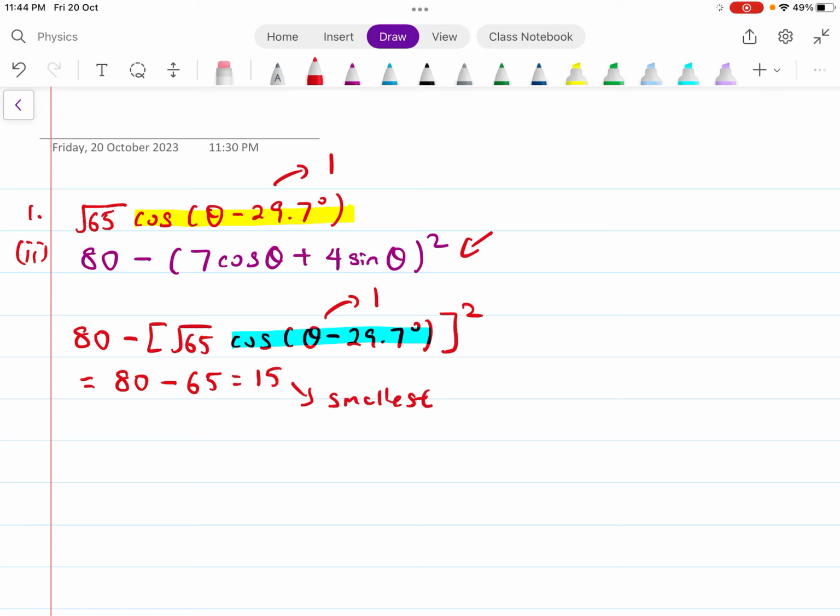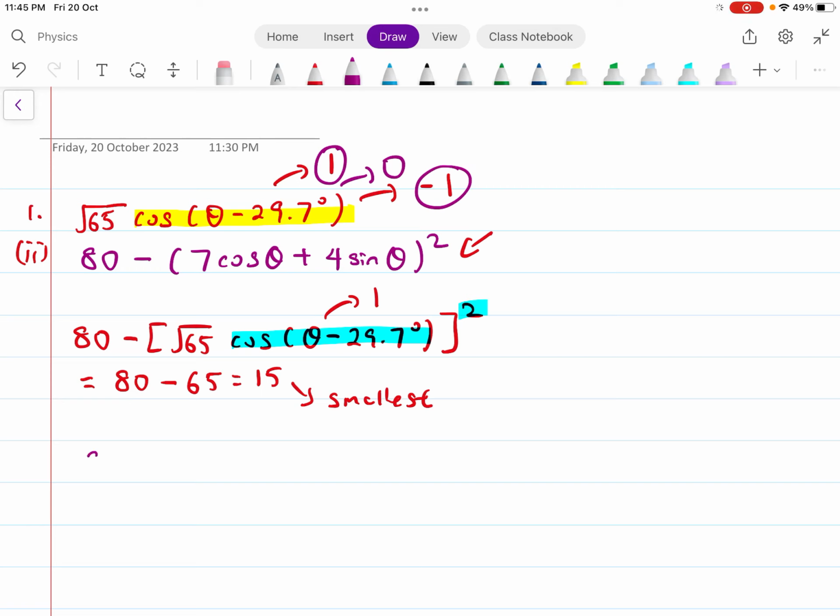Next, I want to determine the biggest value of the whole thing. If you think about this, the smallest value of cosine is -1, but when you put it inside the square, it will still give you +1. So I don't consider the -1, I will consider 0, because there are 3 values to consider. The first value is 1, the second value is -1, and of course there's a third value, 0.